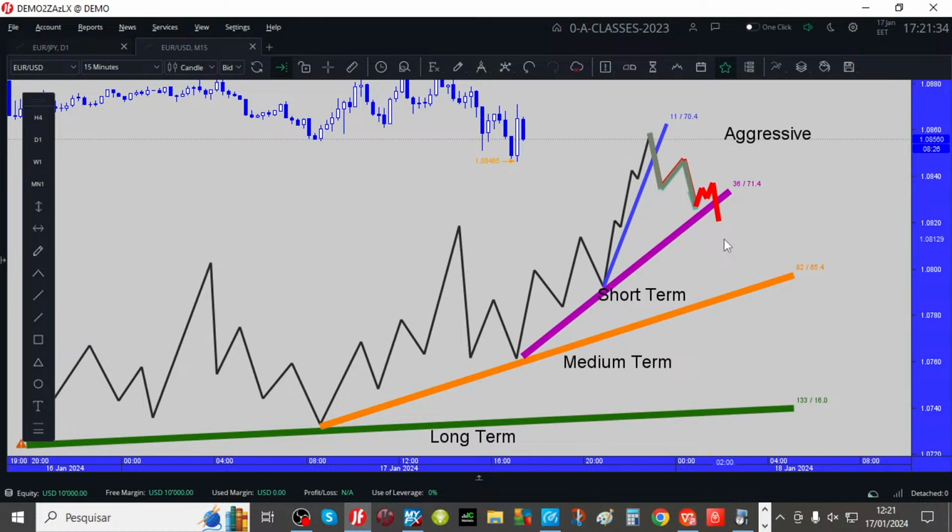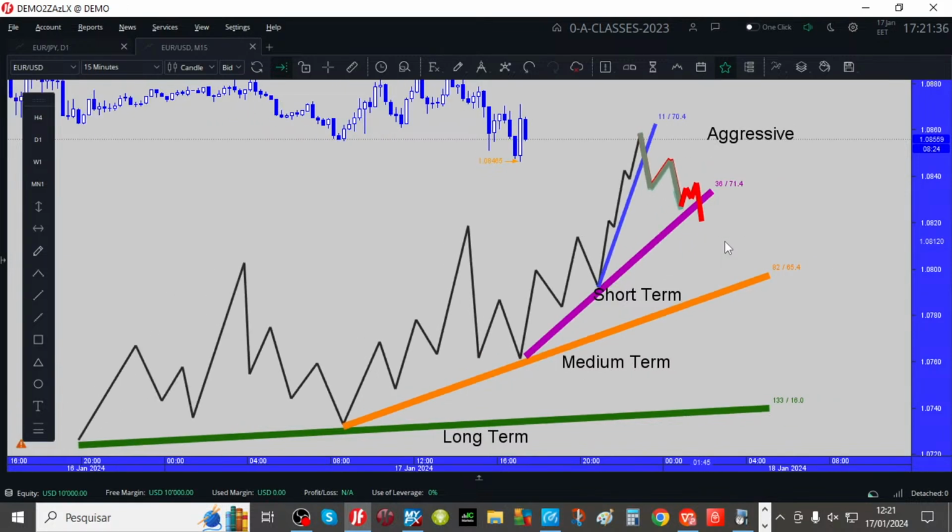So Sandy says, well, we can enter short. Now look at the chart, and I know I'm tricking you, but are you sure? Are you sure, everybody?